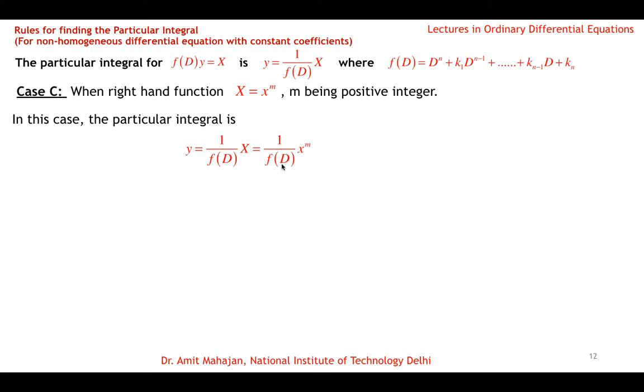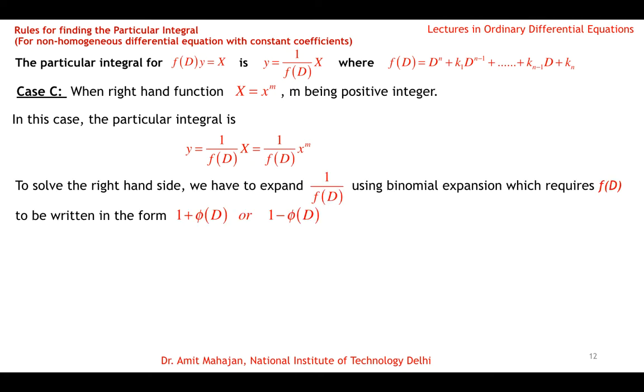In this case, what we have to do is expand this operator using binomial expansion. To solve the right hand side, we have to expand this 1 by f(D) using binomial expansion, which requires that we write this f(D) in the form 1 plus function or 1 minus function.